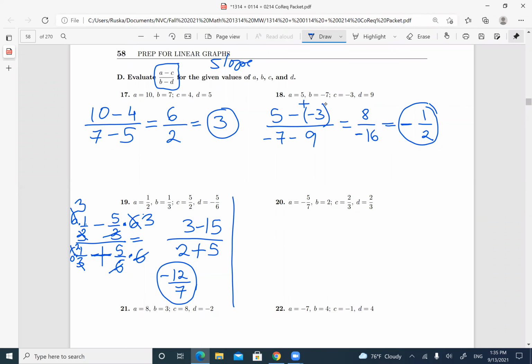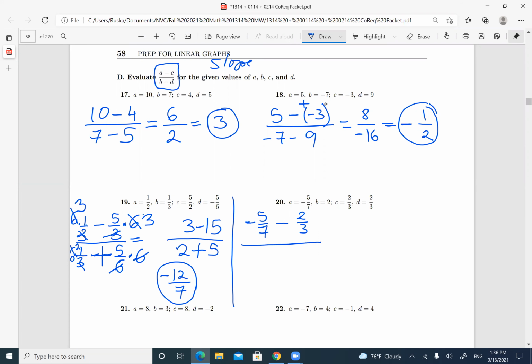Let's do it again. So we have a minus c. I'm doing number 20, a minus c. So it's going to be negative 5 over 7 minus 2 over 3, and everything over b minus d.